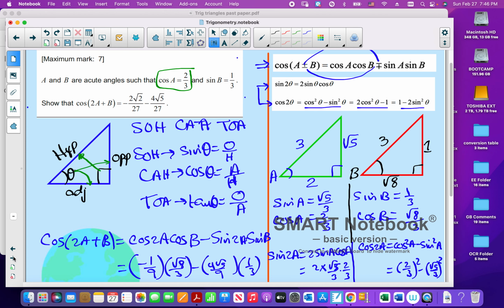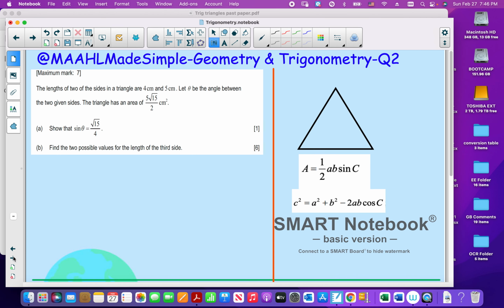The second question also involves identities. We need to know the cosine rule or cosine law, and we need to know the general formula for the area of a given triangle.